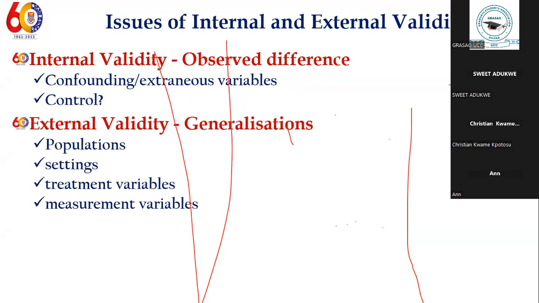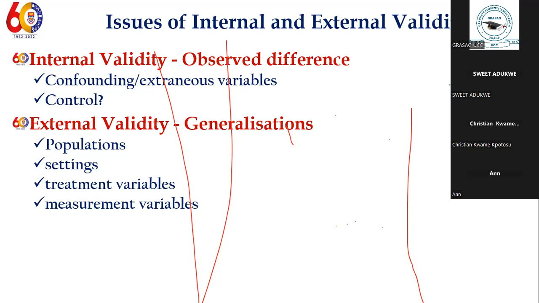Another one too is the external validity. So when you use a sample from a population, how can you generalize your study findings over a particular population? Again, the settings that you use to conduct the study, how well or how porous are these settings that it gives you a pathway to be able to generalize your findings over a particular group of people?